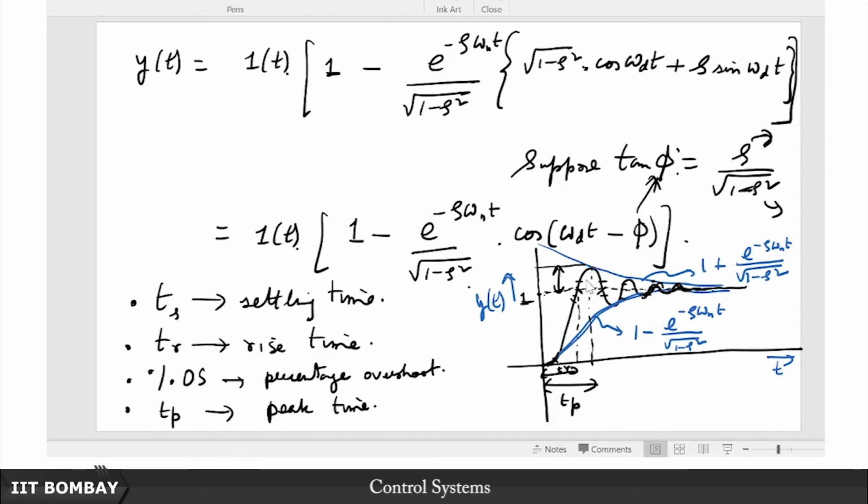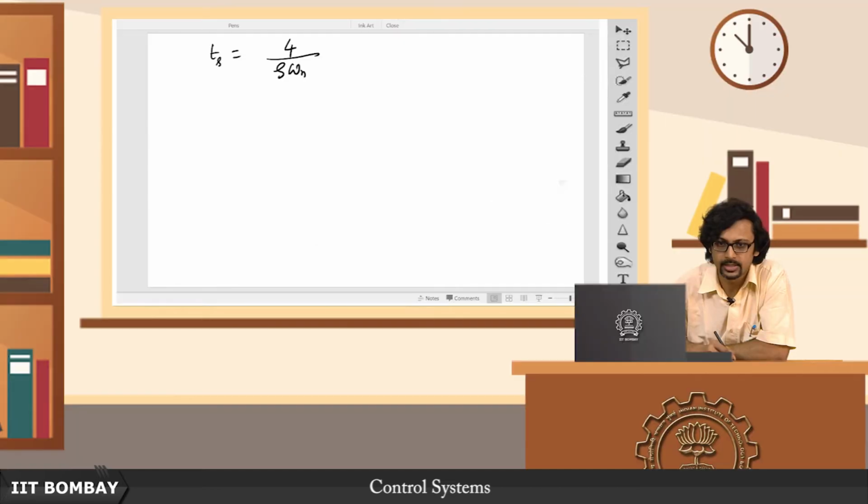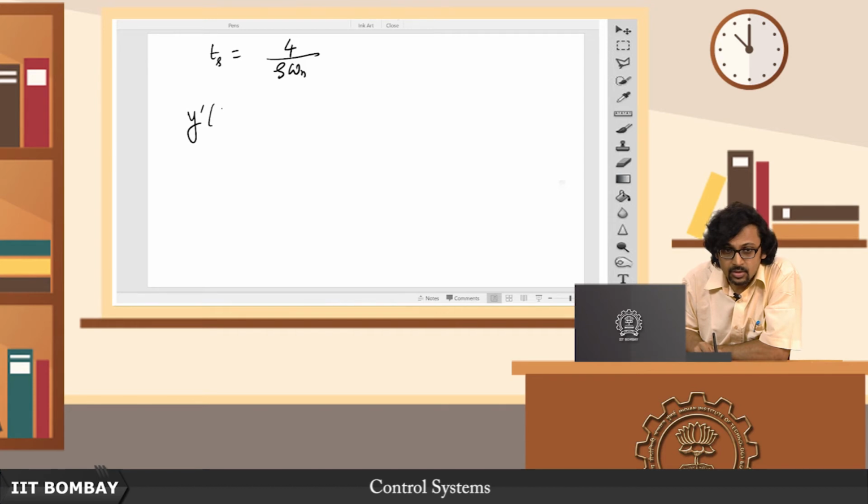Of course if you are not very convinced, you can try the usual differentiation technique and also take the second derivative and see that if it is indeed going to lead to a maxima, then the second derivative is going to be negative. So you are welcome to try that as part of an exercise. You should convince yourself, although it's a pretty laborious computation, so I will not undertake that second derivative computation. But for the sake of completeness, you should find out that first y dash t is equal to 0, you should solve for t to get Tp.